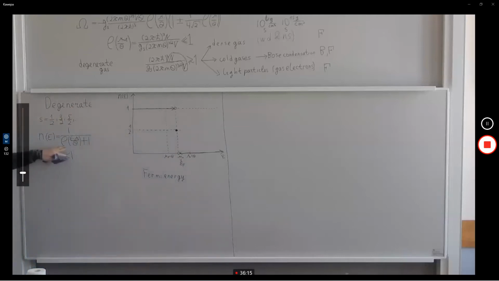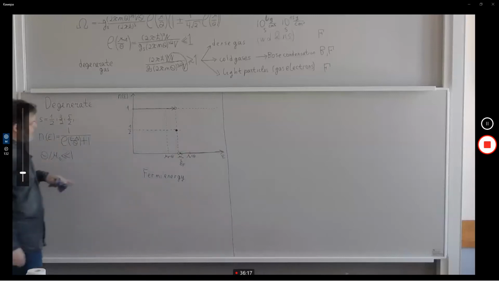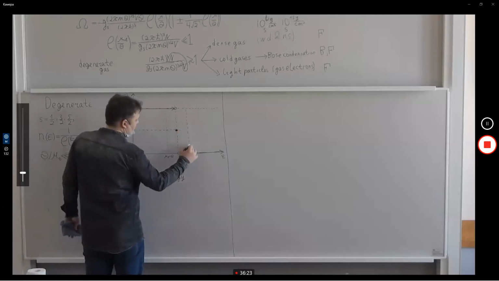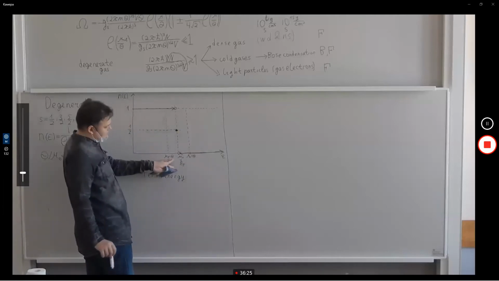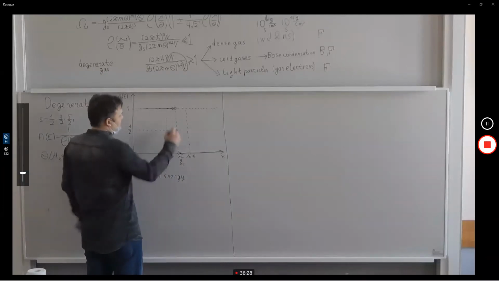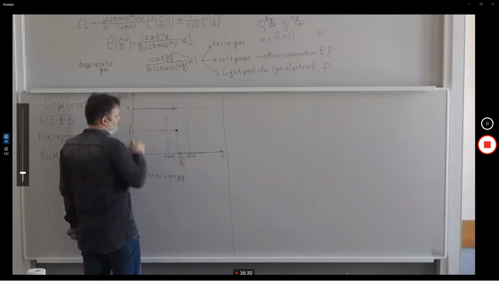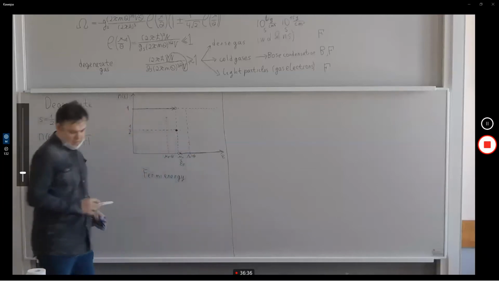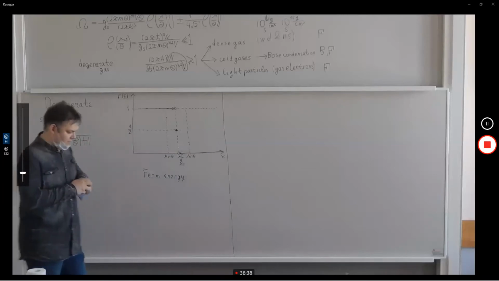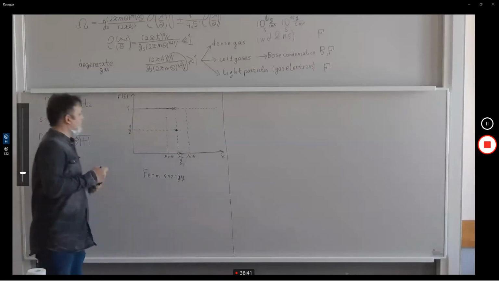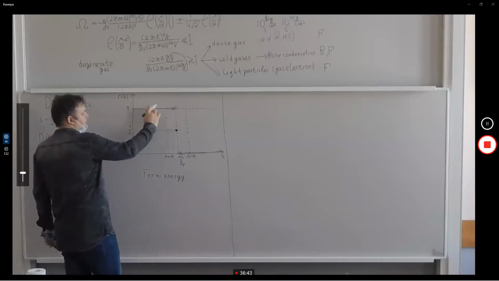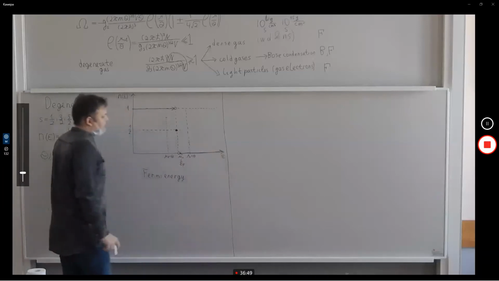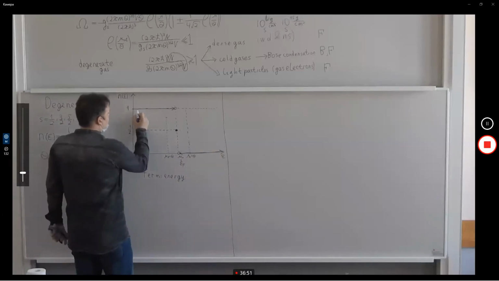So if you want, you can make estimates. I will not detail these computations, but we can see that for such a value, mu sub 0 minus theta, we have occupation number around 3/2. And here we have occupation number about 1/2. And here my plot tends asymptotically to 1, and here it tends asymptotically to 0.